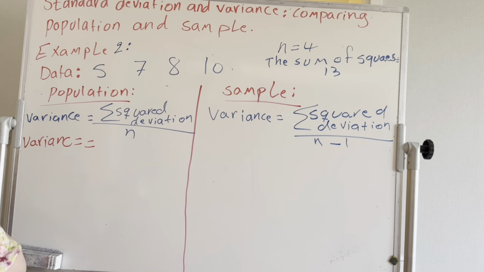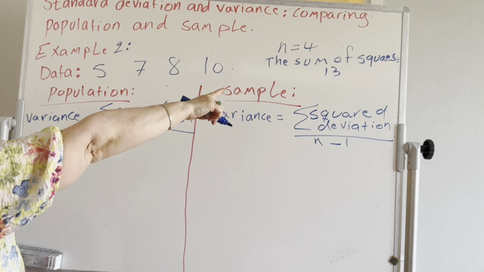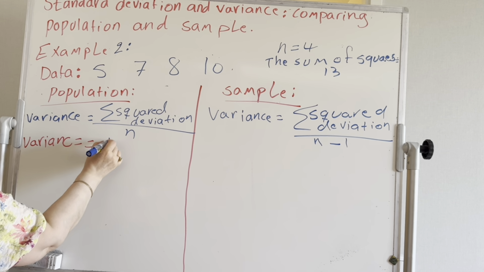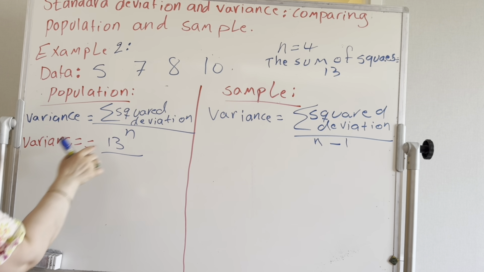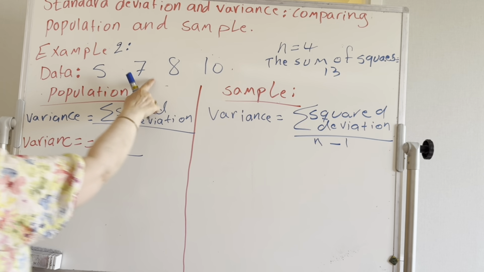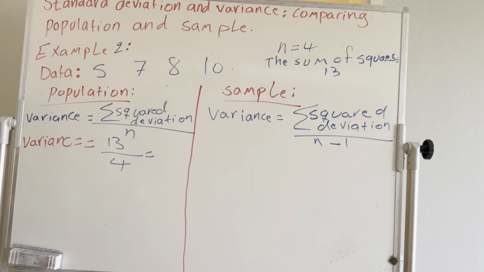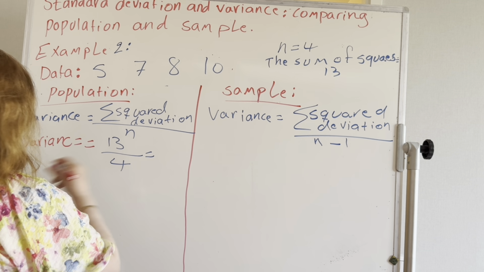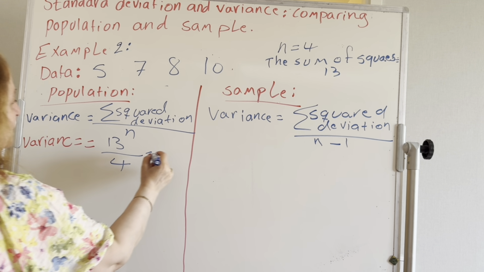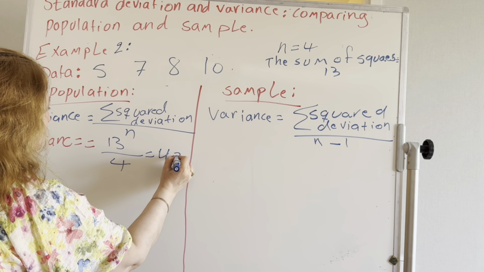The sum of squares is 13, divided by n, which is 4, equals 4.33.